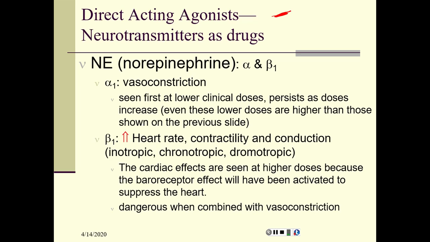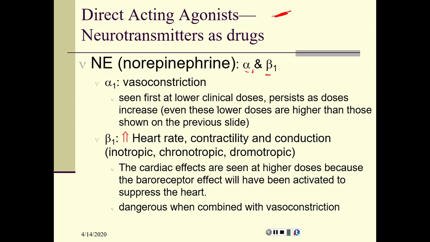So norepinephrine is used as a drug, right? It acts as an agonist at both alpha receptors, mostly alpha 1 receptors, and at beta 1 receptors as well. This is what you see clinically. The alpha 1 receptor response is vasoconstriction. This is seen first at lower clinical doses, and it persists as doses increase.